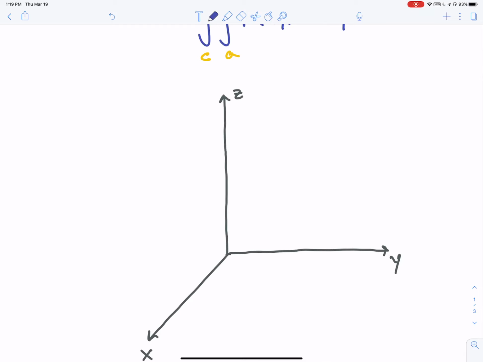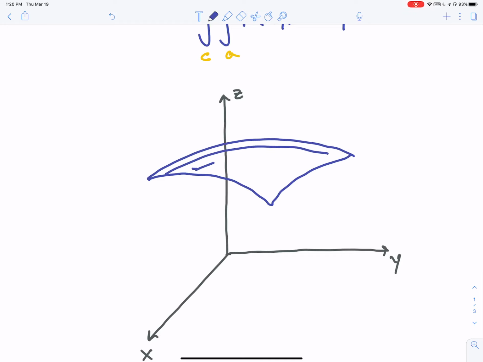So you're going to be graphing some kind of surface that looks something like this. This is just my generic surface. We'll call this f of xy.